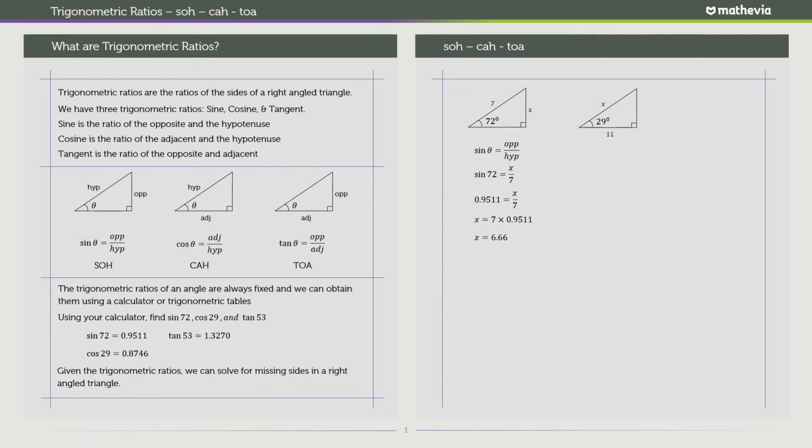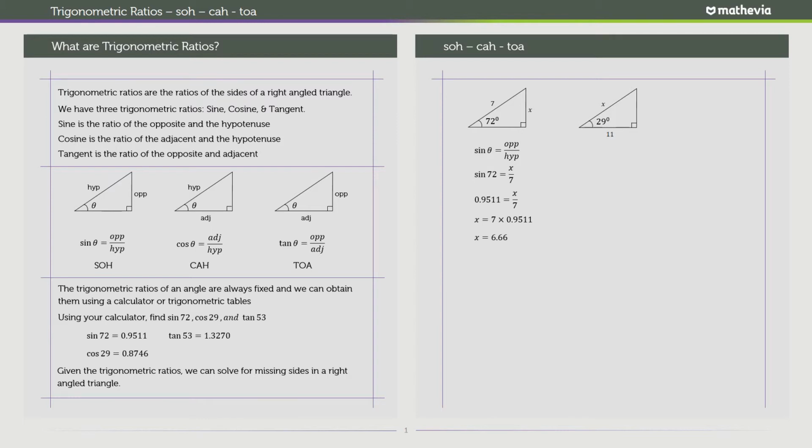For a given triangle with a particular angle, the relationship between the sides, the trigonometric ratios, is always fixed. The cosine of 29 is 0.8746, and this means that for any triangle, however big, as long as the angle inside is 29, the relationship between the adjacent and the hypotenuse is always 0.8746.